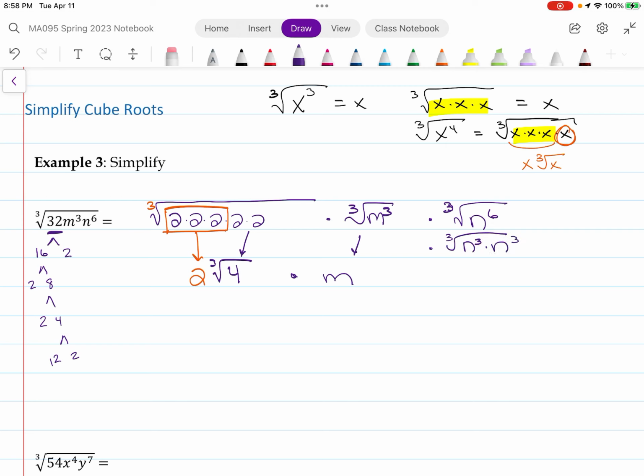So that means that this one comes out and becomes n, and this one comes out and becomes n. So these are like a puzzle. Just keep going until you get it all out of there. So I've got 2, and then I've got an m, and then I've got 2 n's, so n squared, and then we've got the cube root of 4.